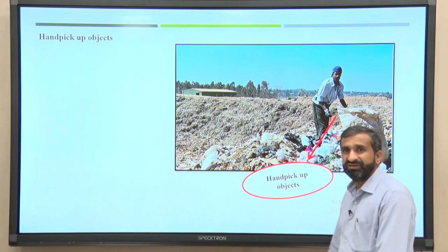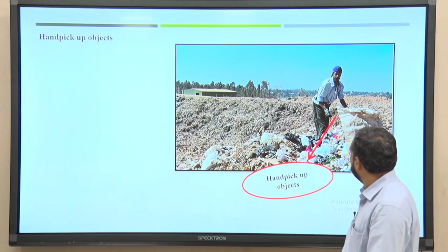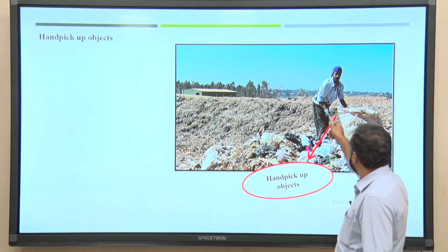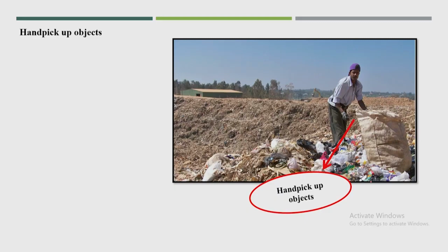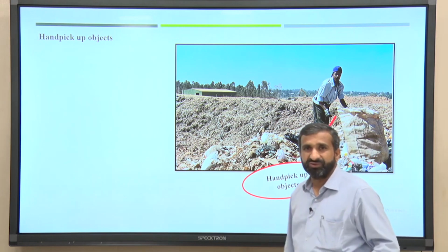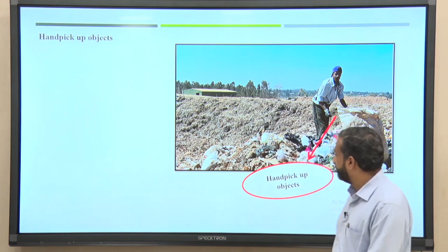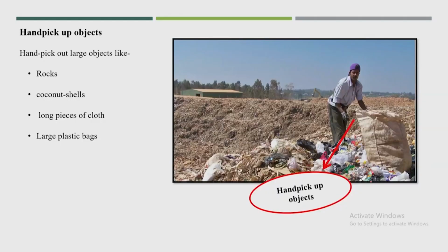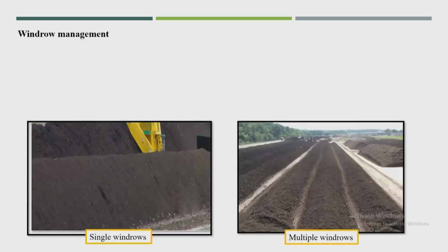Ask them to hand pick the material, but use proper gloves, and even a mask on the mouth. Your clothing should also be good, so there is no problem while hand picking. Hand picking could cover rocks, coconut shells, large pieces of cloth, and large plastic bags.